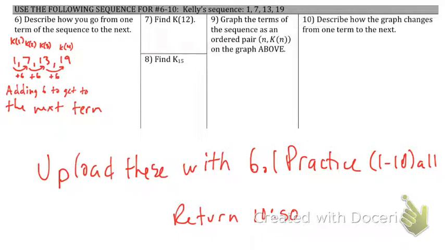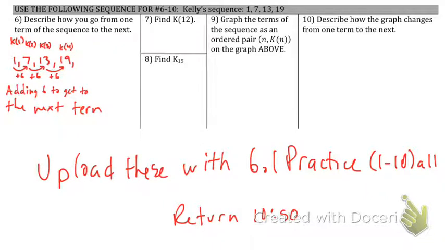So again, I'm using function notation here. You could also use subscript. So how do we figure out problem number 7? We want K12. So with our trusty calculator, if you have it, pull that bad boy out, and we're going to add 6 until we get to the 12th term.